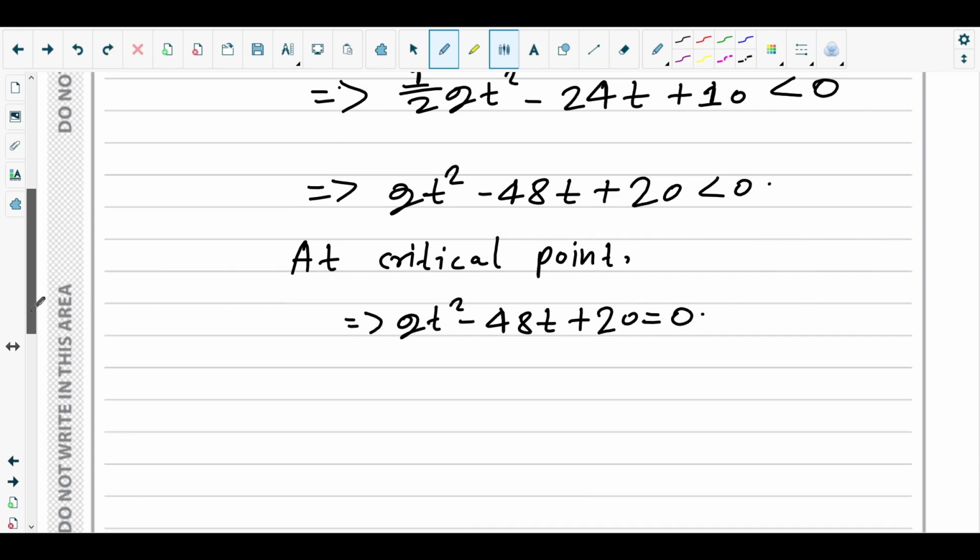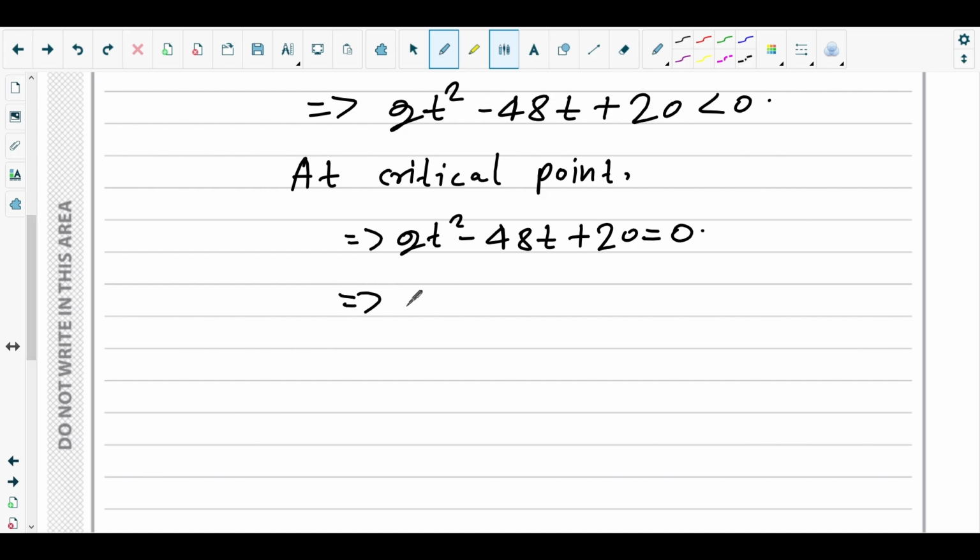Now we need to find the critical values, right? So t equals minus b plus or minus the square root of b squared minus 4ac over 2a. b squared is 48 squared minus 4 times 9.8 times 20, which gives you 1520, over twice a, which is twice g.